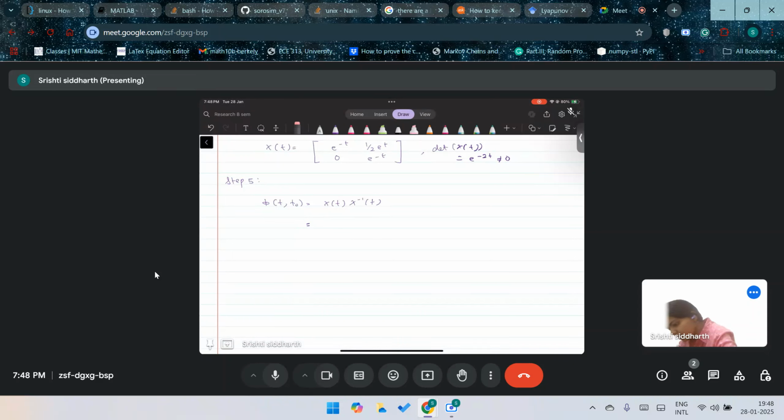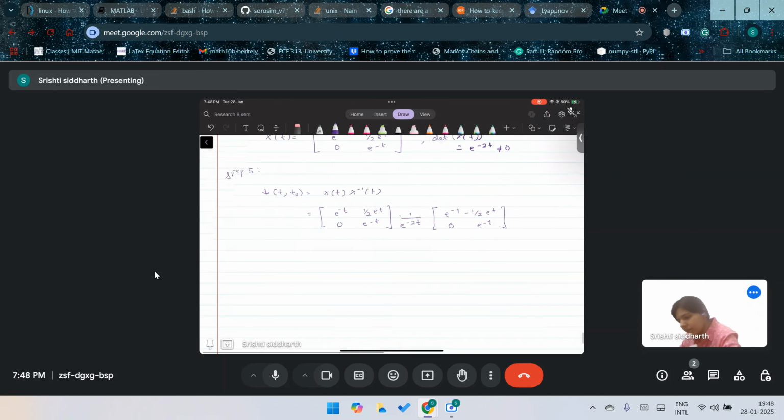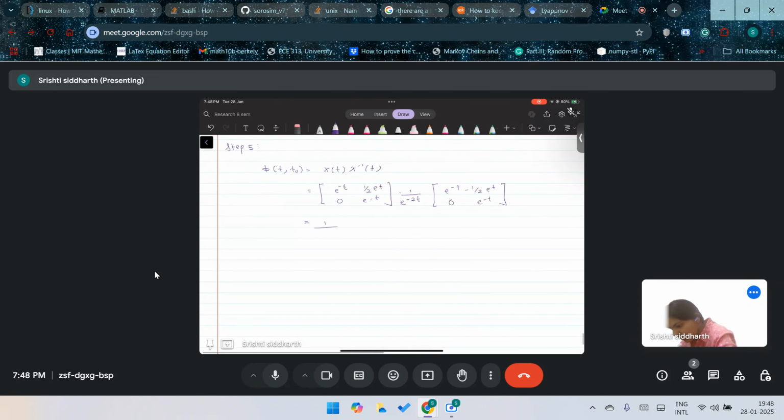So we have 0, sorry, e to the power minus t, 0, half e to the power t, e to the power minus t. Then we have the determinant. So we switch these and then minus half e to the power t. Now let's see. Let's just write this down as e to the power 2t.